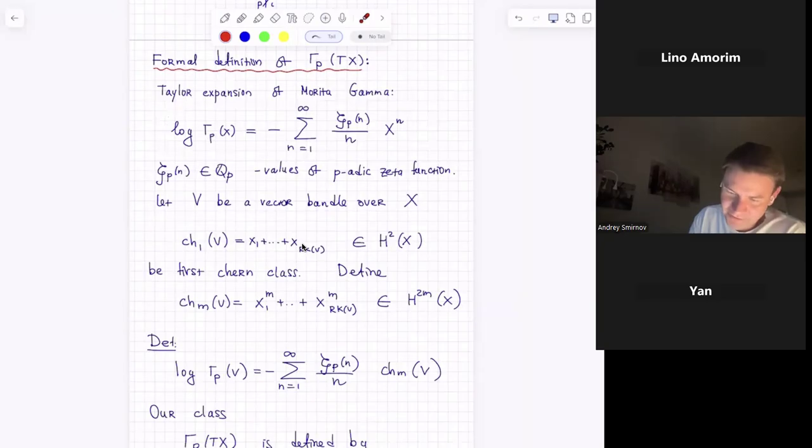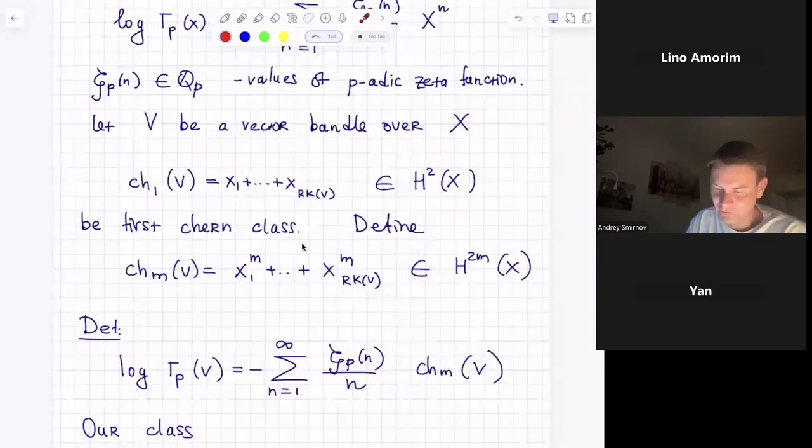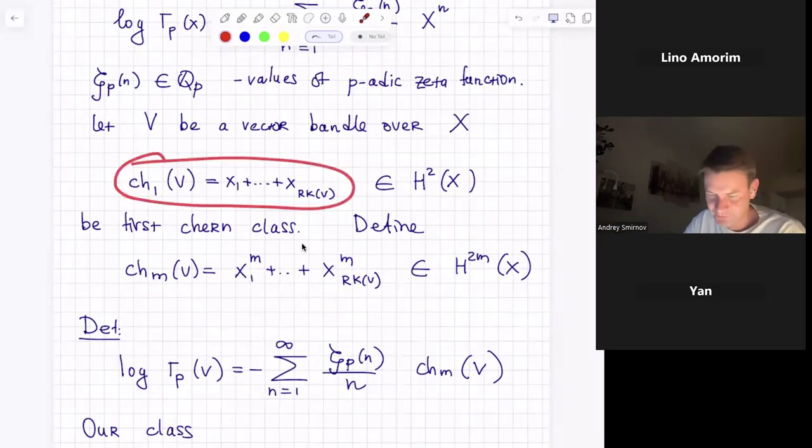I can assume that x is just the Chern root of the tangent bundle I need. More generally, if you have a vector bundle V over X, and x_1 to x_{rank V} denote the Chern roots of this vector bundle, the first Chern class is just the sum of Chern roots.